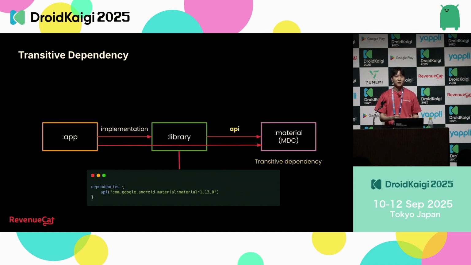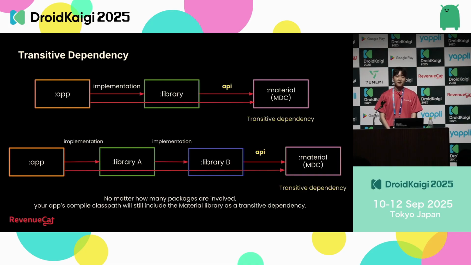Then your library should propagate the dependency using the api function in Gradle. Then it's considered a transitive dependency. It will be propagated between packages, no matter how many are involved. And at the end, the endpoint project will compile and import the transitive dependency.